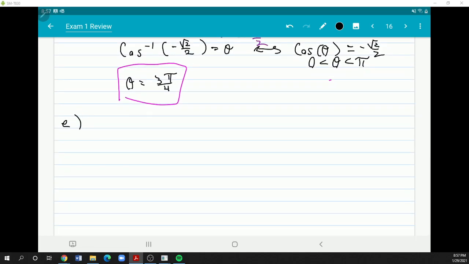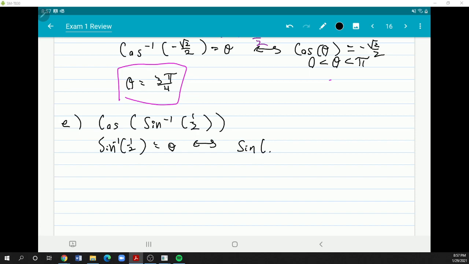Alright, part E. Now we're dealing with trig of inverse trig problems. Cosine of sine inverse of 1/2. So again, sine inverse of 1/2 is equal to theta if and only if sine theta equals 1/2, but sine of theta is also opposite over hypotenuse.